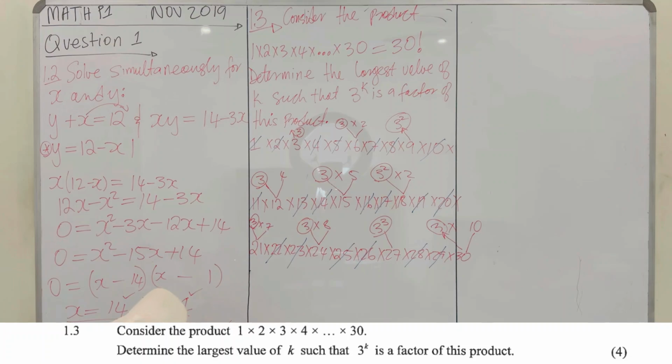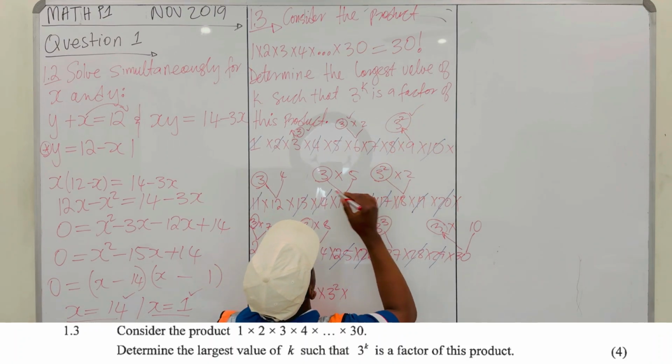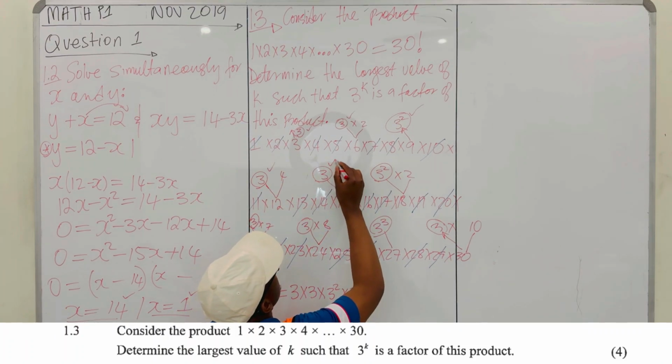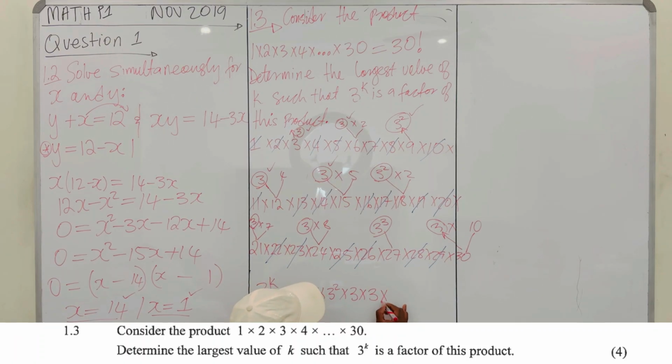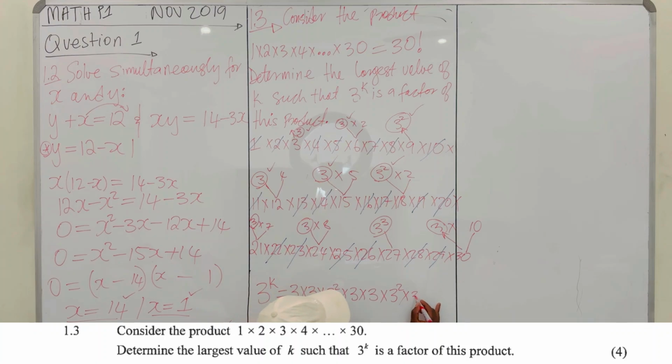So what you're going to do, you will say, okay, now our 3 raised to k, which is what we're trying to find, is equal to this 3, times this one, times 3, times this one, times 3 squared, times this one here, times 3, times this one here, that's another 3, times this one, 3 squared, that's another 3, then this one, times 3, done with it, times this one, times another 3.